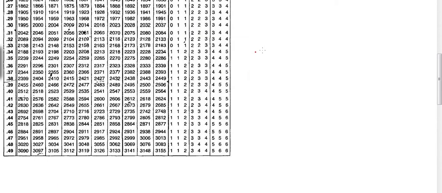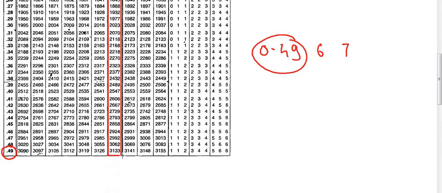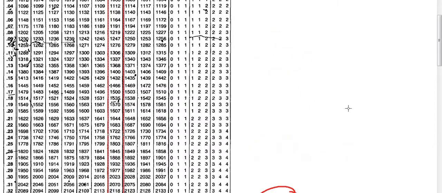So we are calculating the anti-log of 0.4967. Now locate 0.49 in the first column. This is 0.49. Now locate 6 in the first row. So this is the column corresponding to 6. Take its intersection, which is 3133, and the mean difference of 7.